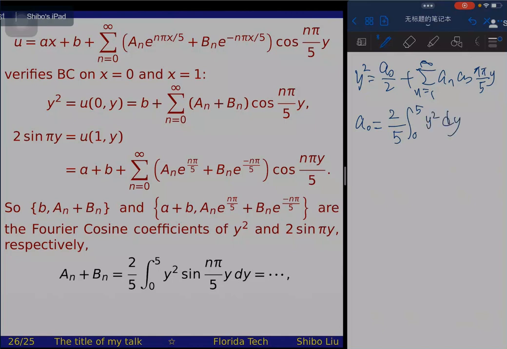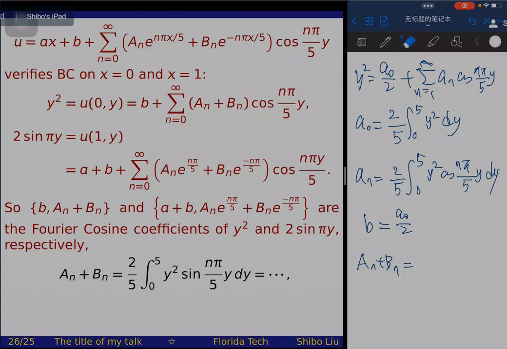And small an is 2 over 5 times the integral from 0 to 5 of y squared cosine n pi y over 5 dy. So by comparison, you see that our b should be half of a0.